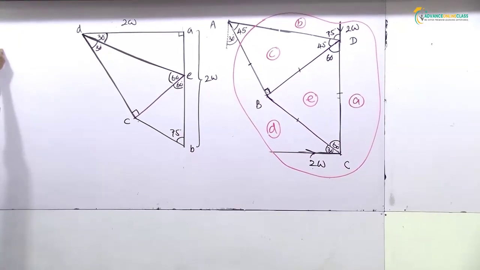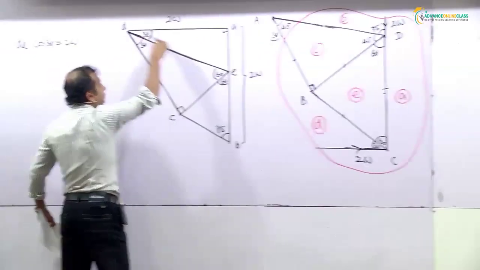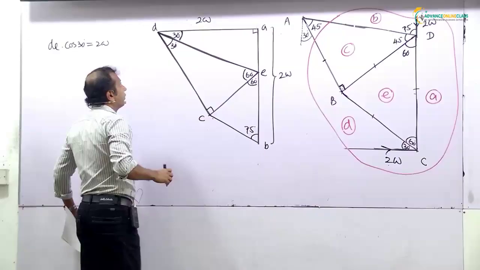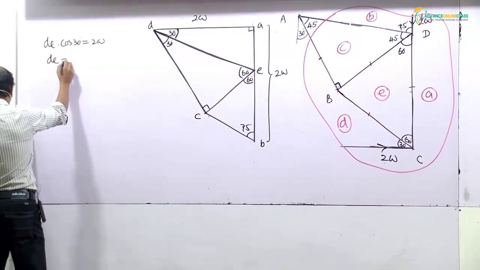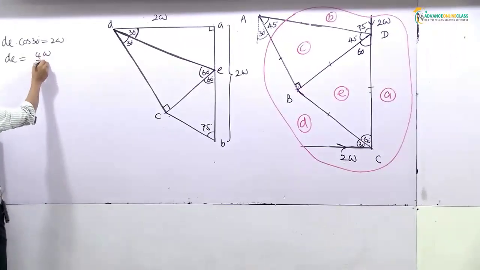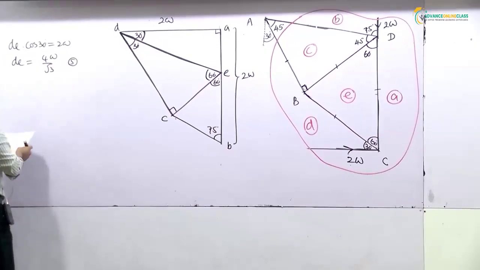DE cos 30, 2W. This is 30. This is DE. DE cos 30 equals 2W. Then we get DE equals 4W over root 3. 5 marks.